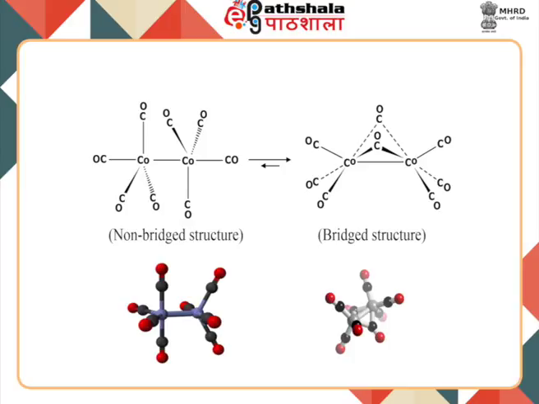The coordination number of each cobalt is 5 with trigonal bipyramidal arrangement around it. The X-ray diffraction studies of the crystals of dicobalt octacarbonyl molecule indicate that the molecule has bridge structure.